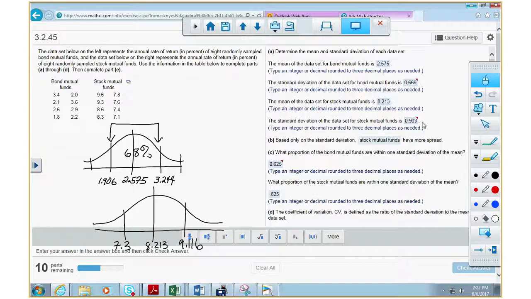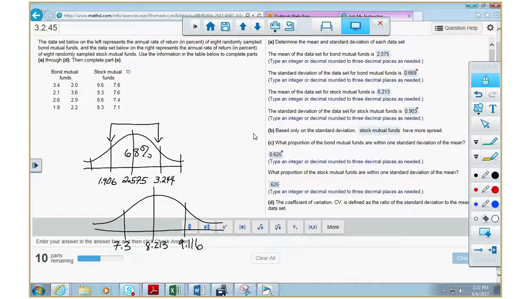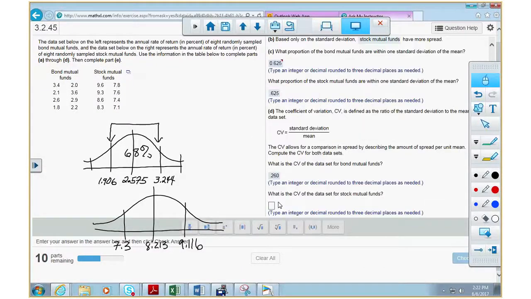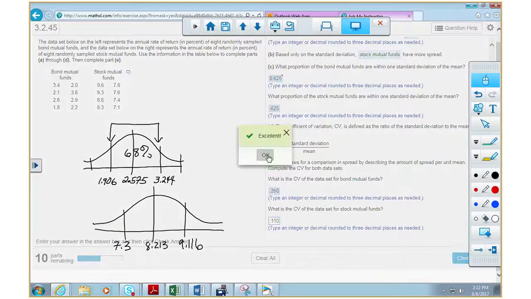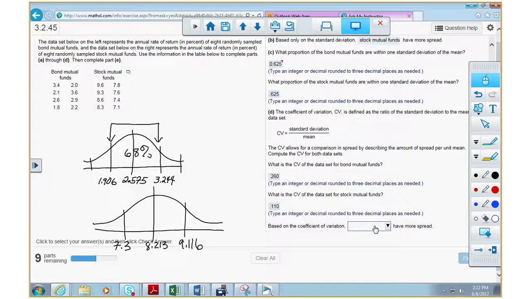Point what? 0.1099, which would be 0.111. 0.110. Based on the coefficient of variation, the more spread is what? The bond mutual funds.